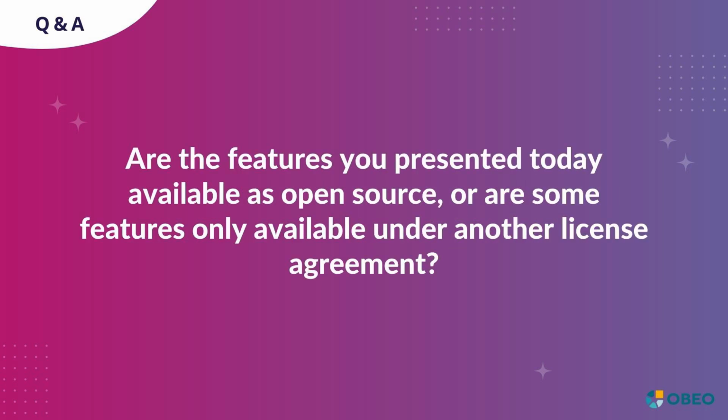Some other question: are the features you presented today available as open source, or are some features only available under another license agreement? If you go back to my slides, you'll see that in the right corner, there is something which says Sirius Web or OCP or Obeo Studio. Everything which is purple with Sirius Web is open source. Everything which is in green with Obeo Studio or OCP is proprietary to Obeo, and it's available as proprietary features.